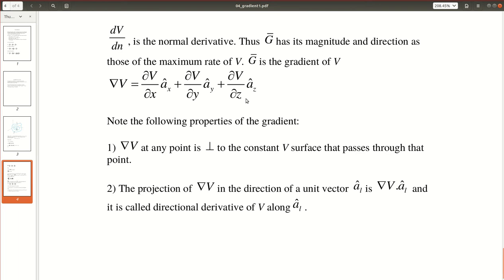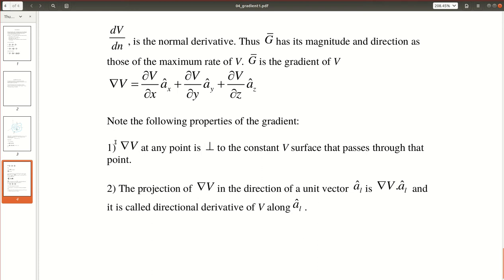You take the partial differential of this equation in each direction, and you calculate V's partial differential in each direction. Then you get the gradient.